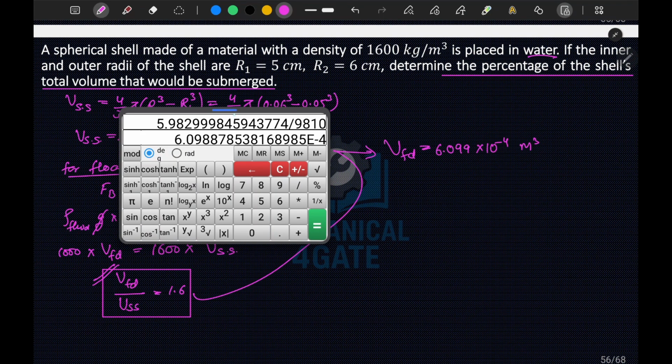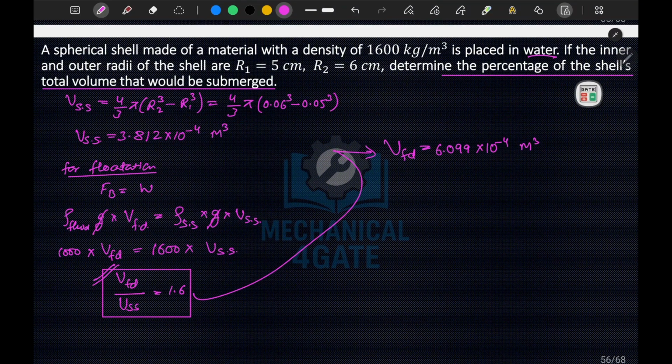Now the percentage of the shell's total volume that would be submerged will be the volume of fluid displaced divided by the volume of the outer shell.